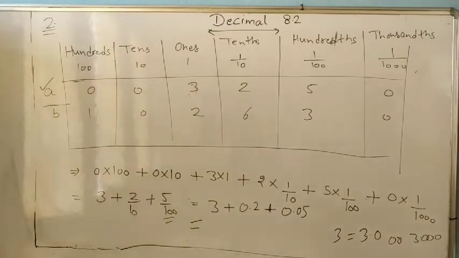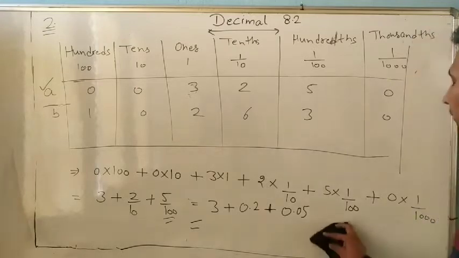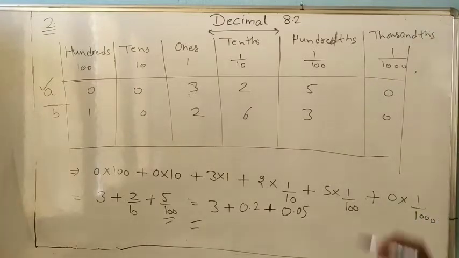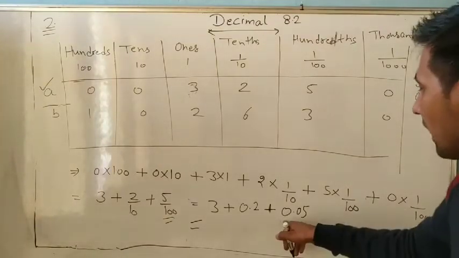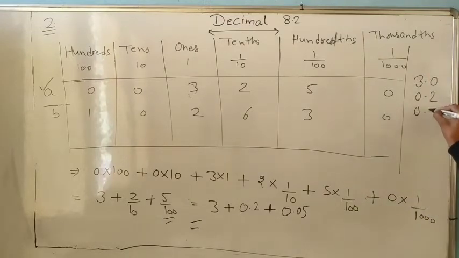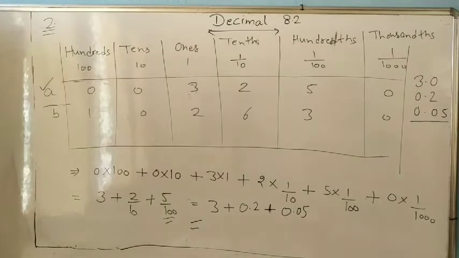If we add 0 after the decimal, the answer will not change. So 3 we can write as 3.0. Then 0.2, always write the decimal in the same line. And next is 0.05. Add this one.